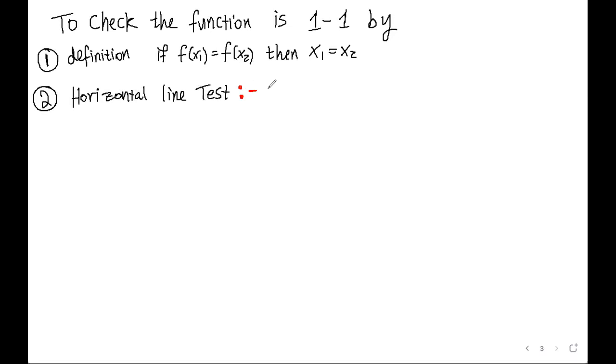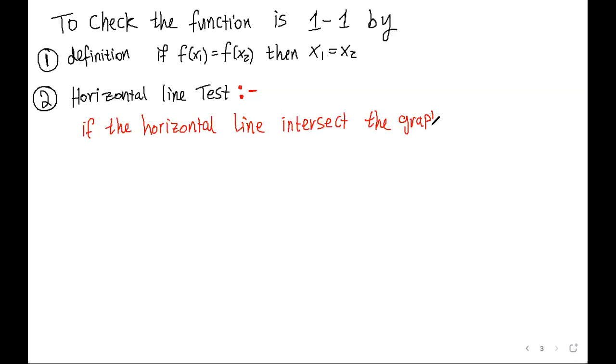So for example, this means if I have a horizontal line, for example, this horizontal line intersects the graph of the function only at one point.